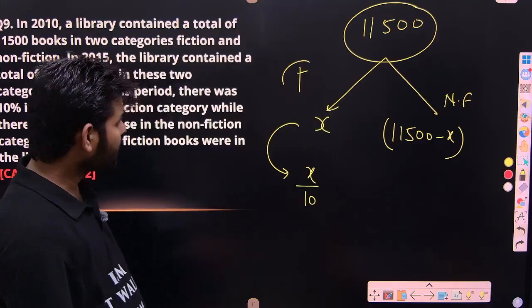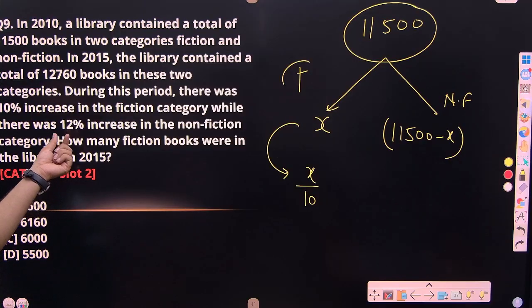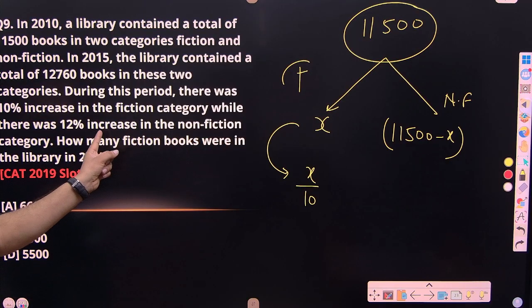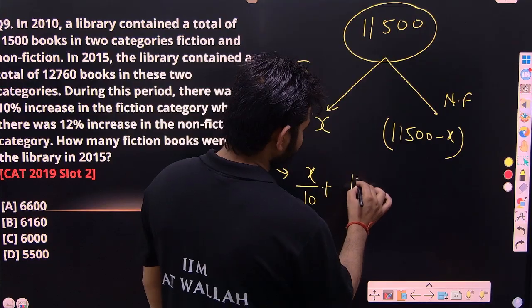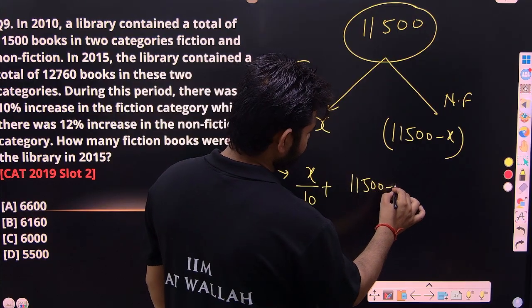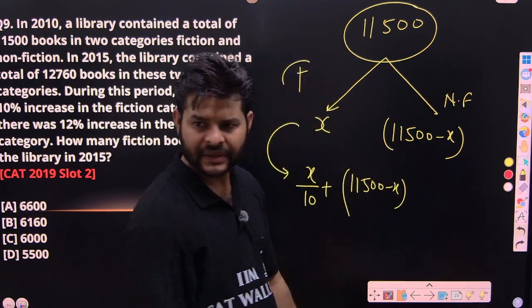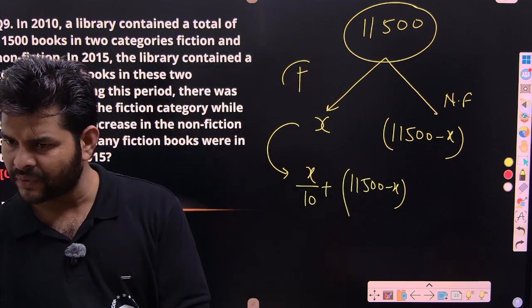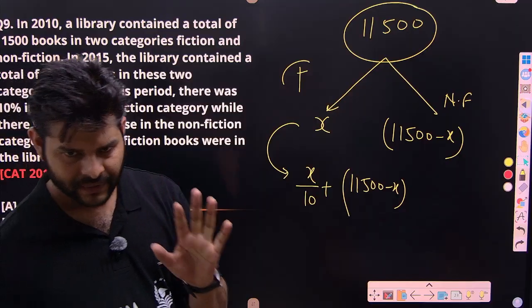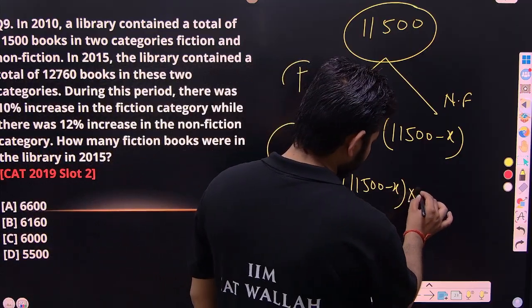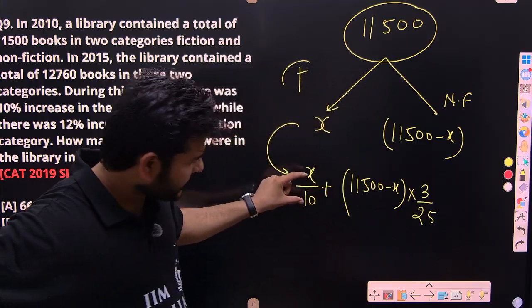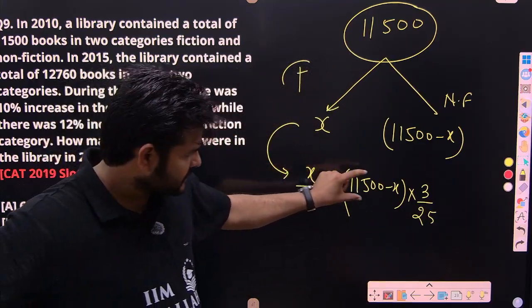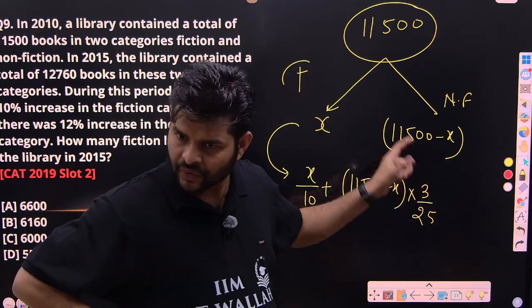And what would be the 12% increase in non-fictional? 11,500 minus X, 12%. So basically 4% is 1 by 25, 12% is 3 by 25. This is the increment in fictional books. This is the increment in non-fictional books.